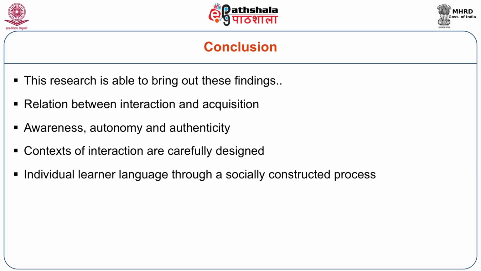Individual learner language through a socially constructed process should be taken care of. So, theories about second language learning help us a lot in understanding the process and carrying this research further to make the acquisition process easier for students.